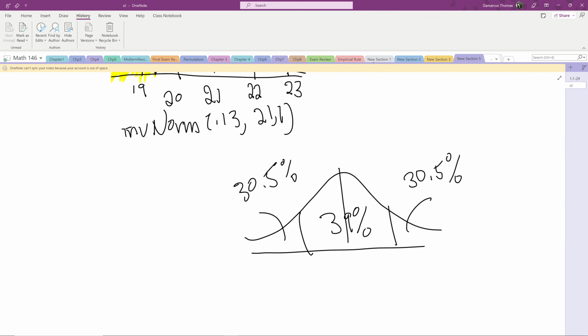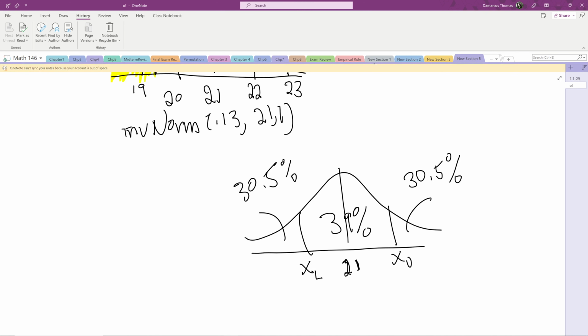The mean is still 21, the deviation is still 1, but what we need to do is find this value and this value. We'll call this the lower bound, and we'll call this one the upper bound. We need to find these two. Now, we can do this a number of ways. One way is we could just do inverse norm of 30.5, and we would get the lower bound.